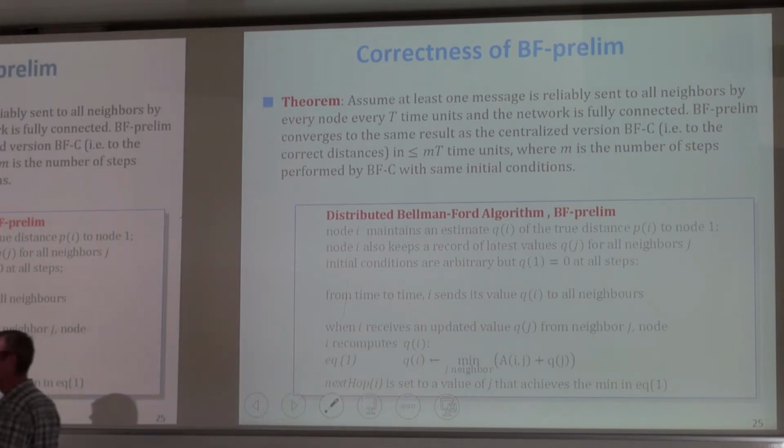So in other words, if some nodes are faster than others, for example, if they send 10 messages per time unit instead of 1, like is required here, it won't hurt, which is easy to understand.